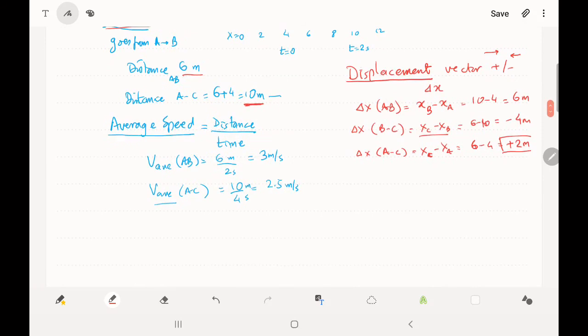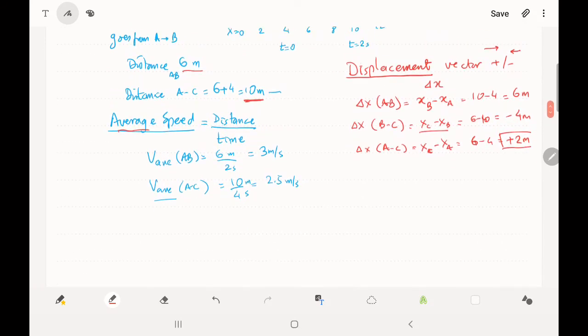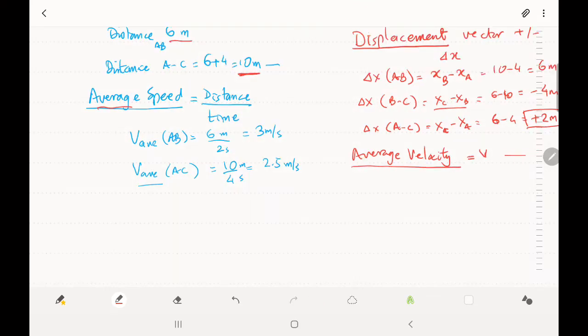Now, just as we have an average speed, we would have an average velocity. And this we would write as v average. The units would be meters per second, and it's defined as v average equals the displacement over the time.